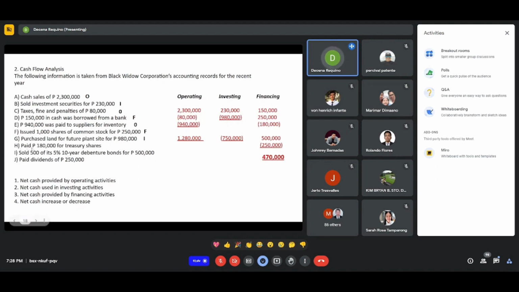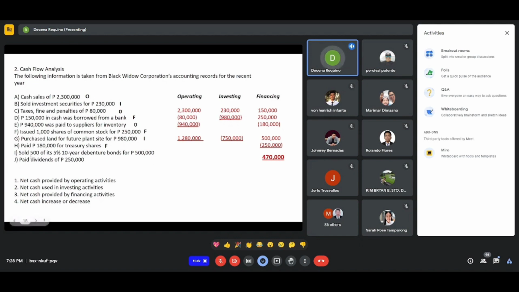Then, dun sa letter H, nagbayad ka daw ng 180,000 for treasury shares. So, since equity yung treasury shares, under siya ng financing activity. So, nagbayad ka, nabawasan yung cash mo, ililess mo siya dito sa financing. So, 180,000.